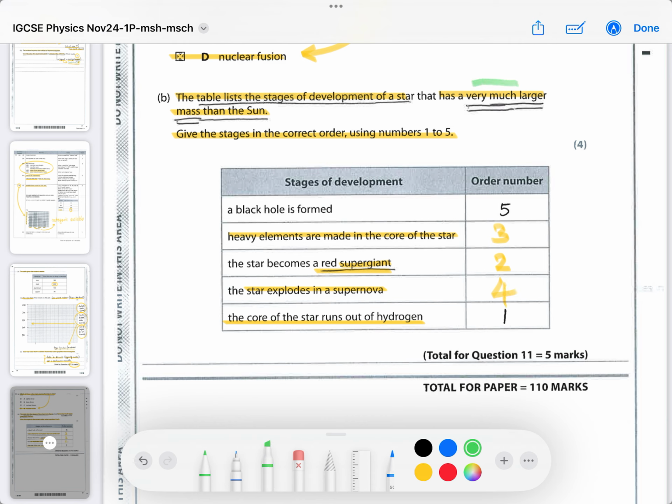If it's very much larger, so it says very much larger, then there is a possibility that a black hole is formed from the implosion in the explosion. So a supernova kicks out the outer layers, and the inner part of the star then becomes very, very dense.